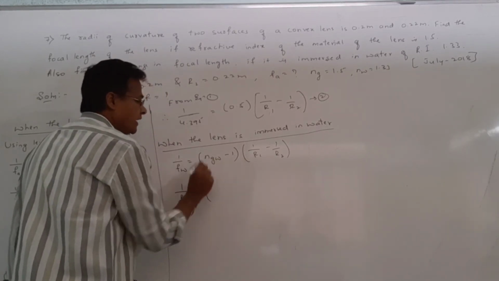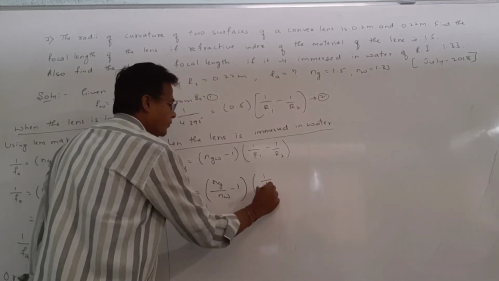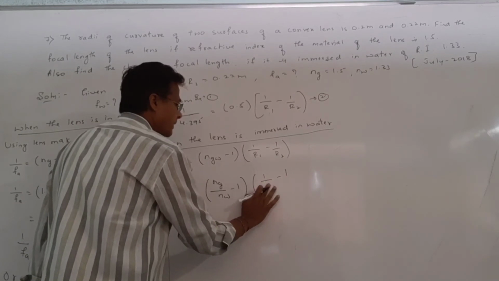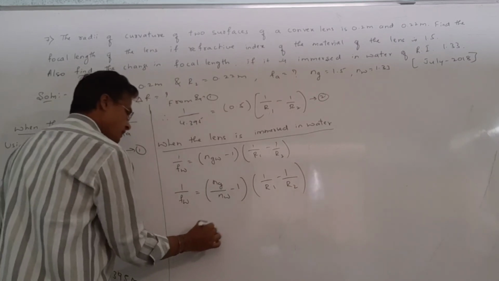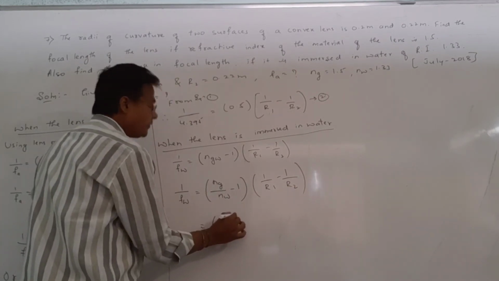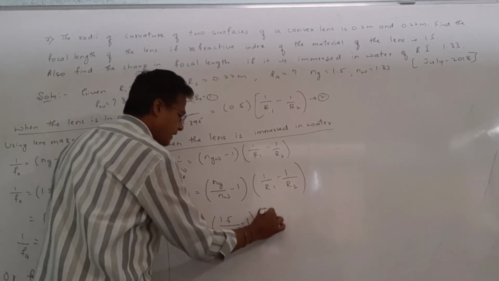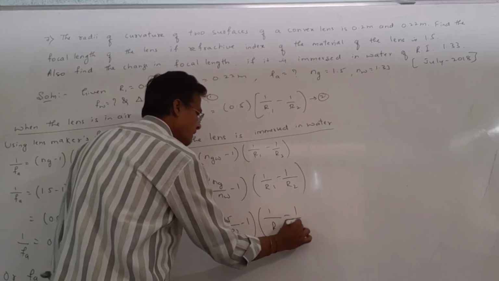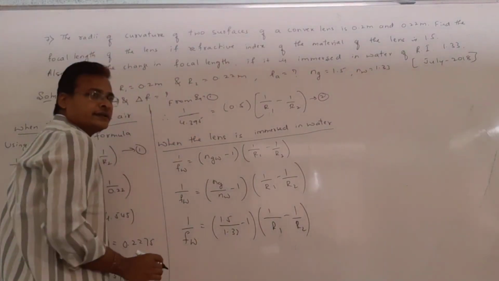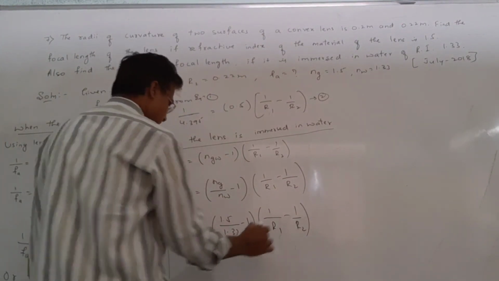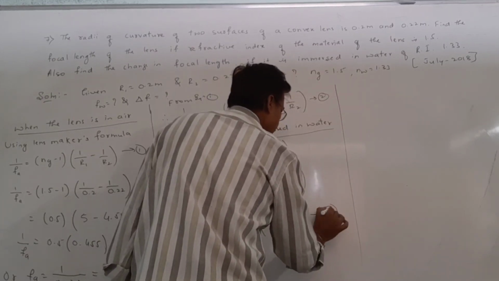So this is NG by NW minus 1 bracket 1 by R1 minus 1 by R2. Now NG value is 1.5 divided by 1.33 minus 1 bracket 1 by R1 minus 1 by R2. So this is 1 by FW. Substitute the values. This is equation 3.